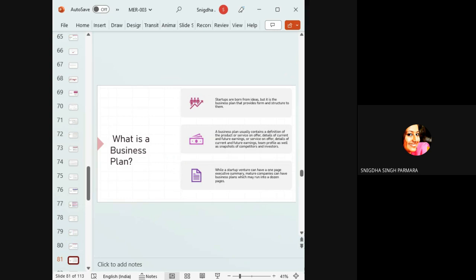A business plan is basically a document. It is a document which an entrepreneur shares with the potential investors.